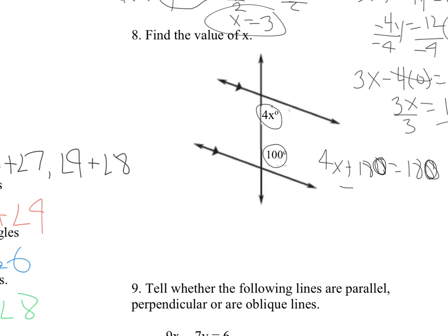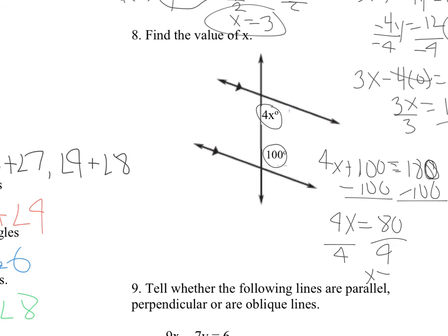So I wrote that wrong. 4x plus 100 equals 180. But you're going to subtract the 100. 4x equals 80. Divide by 4. x equals 20. And again, you only needed to find x, so that's good.